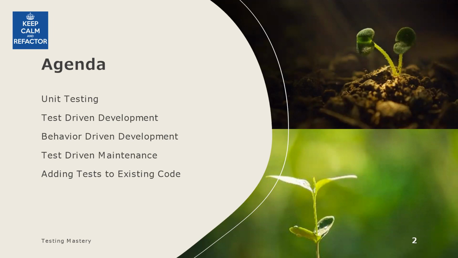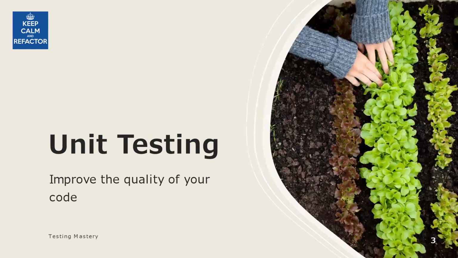Behavior-driven development, where you basically have a specification that you lay out, and from that specification, you then go and build the application. And then test-driven maintenance, it's like, okay, so how do I do TDD on a computer program that already exists, and adding tests to existing code, which we talked about a little bit, but I will go into more depth on that. The cool thing here is we're going to have a workshop where you get to play along.